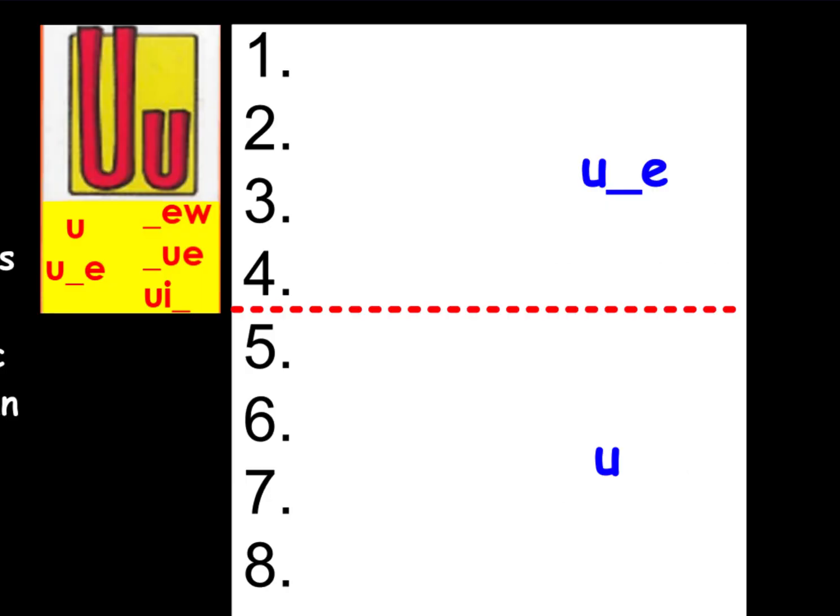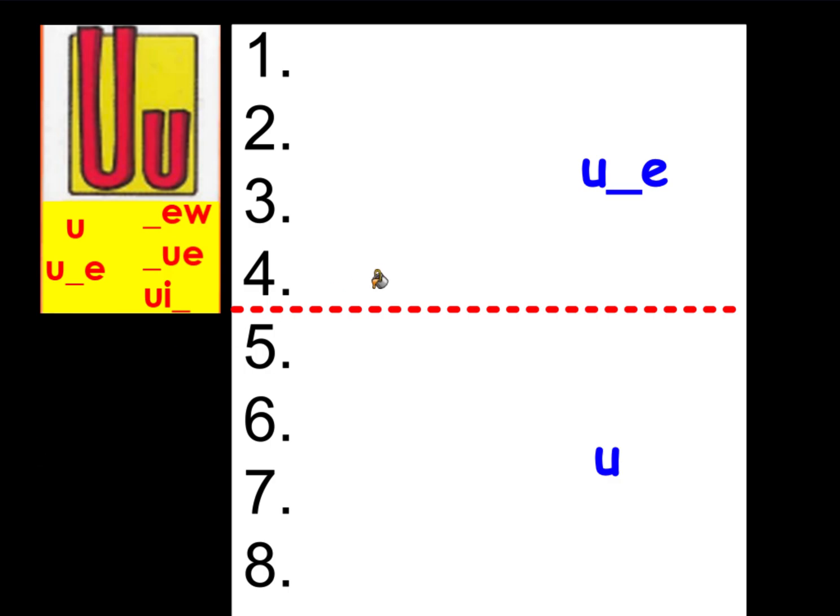All right, spelling words. Let's hide these. These are super hard. So we're going to start off with U consonant E, and the last ones are different ways of spelling U. All kinds of different ways.